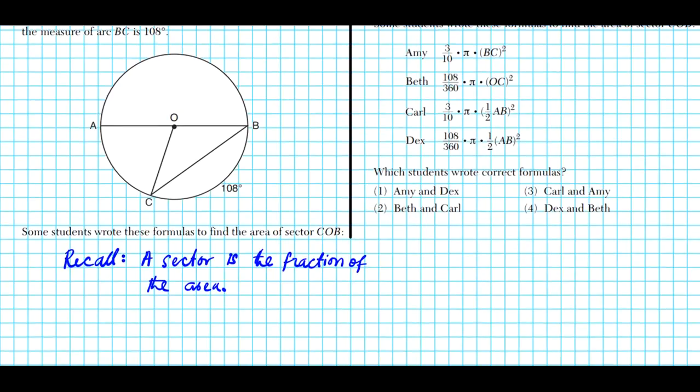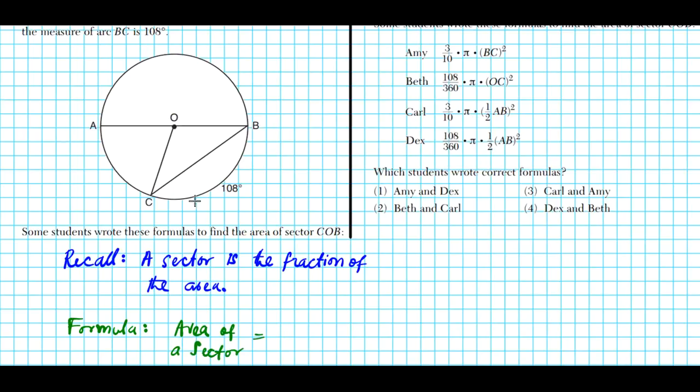The area of a sector, the area of the fraction of the entire area, let's write it down, is given by what? Formula. Area of a sector is the fraction of a whole.